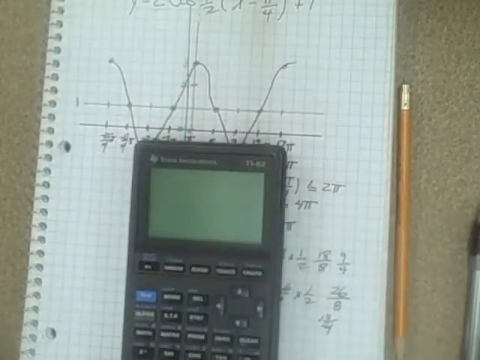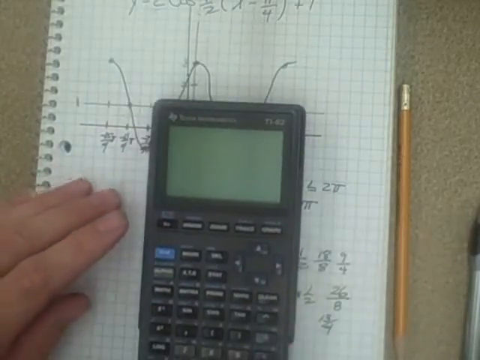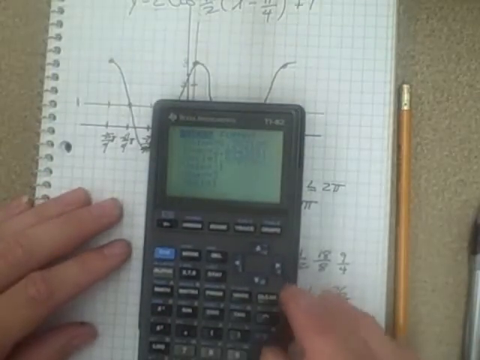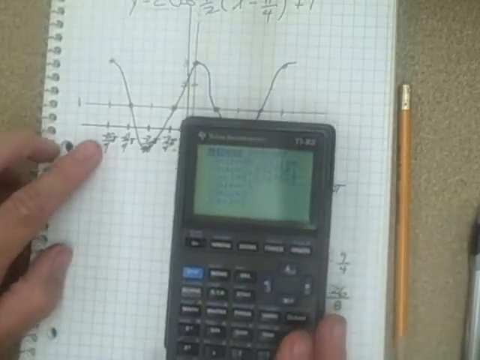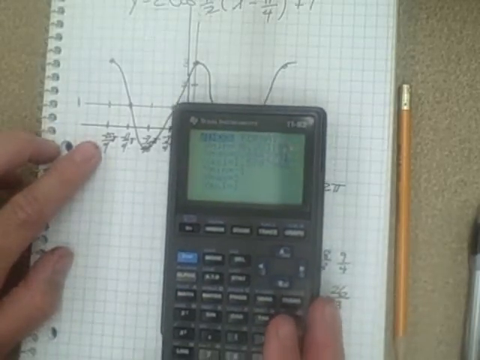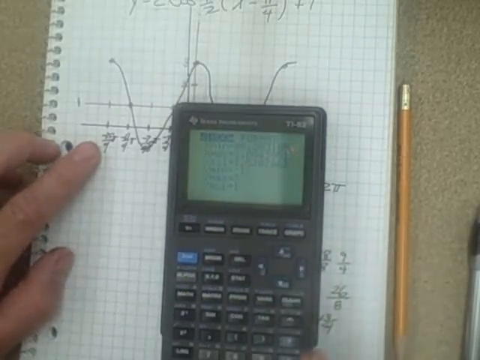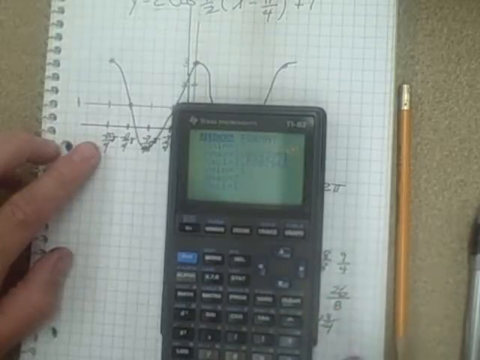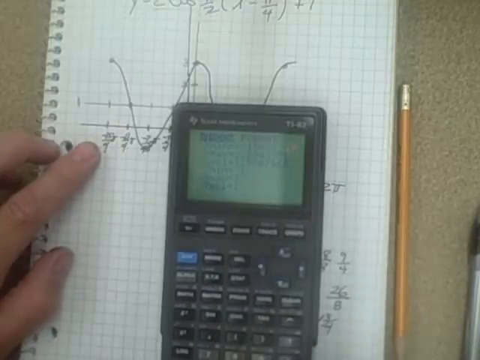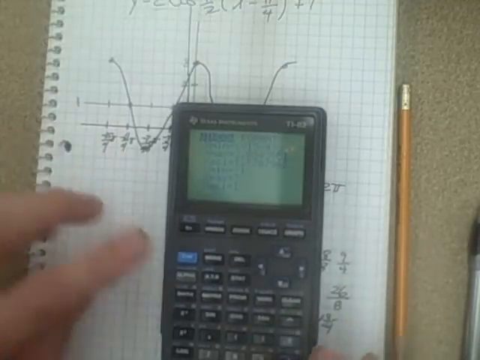So quickly zip your calculator up here, turn it on, and get to your window. Now I want to go from negative 15/4 pi, so put that in brackets, negative 15 divided by 4, close the bracket, and then pi.